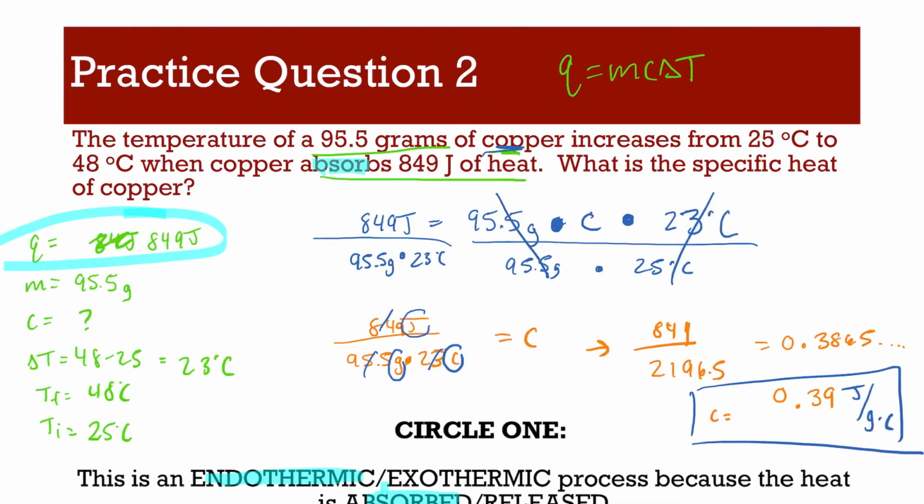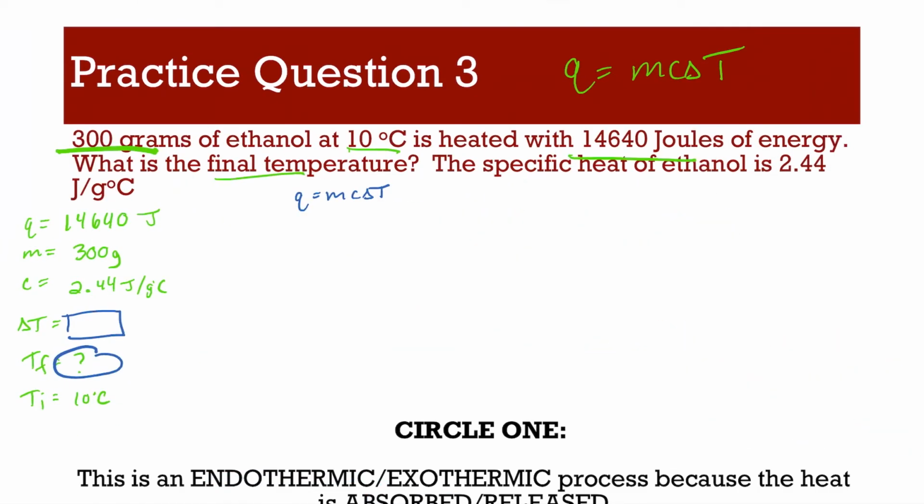And so if you liked what we did last time, plugging in, then solving for c, that's cool. But let's solve for delta T before we start. And so if we want to get delta T by itself, you divide both sides by mc. So delta T is Q over mc.